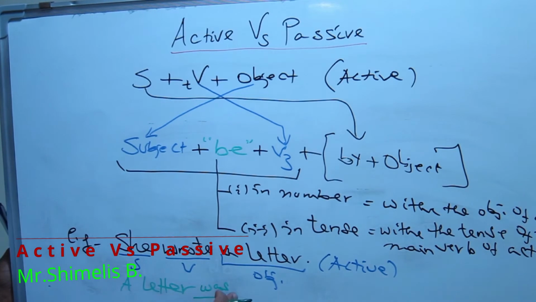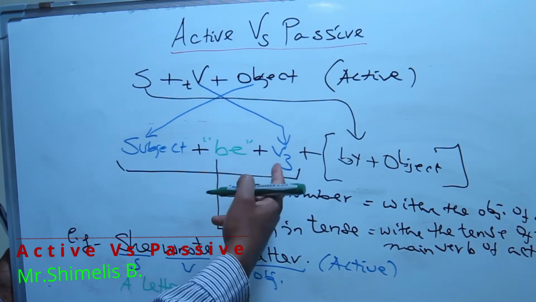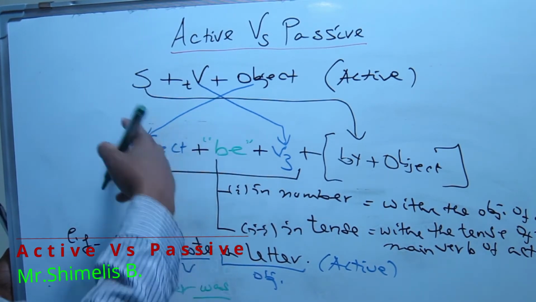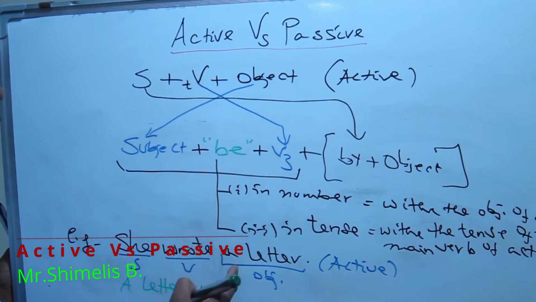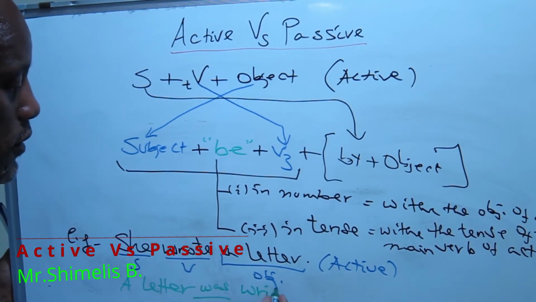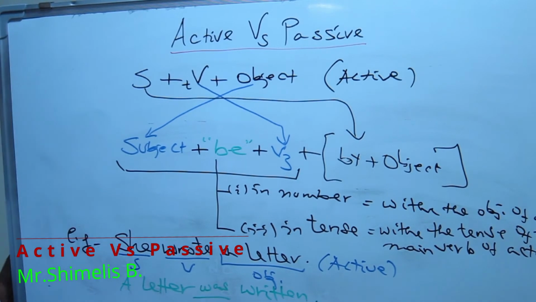A letter was. And the third rule says we change the main verb, in whatever form it may be, to past participle. Wrote is the main verb here, and the past participle form of wrote is written. We are done. So a letter was written. That's a past form.